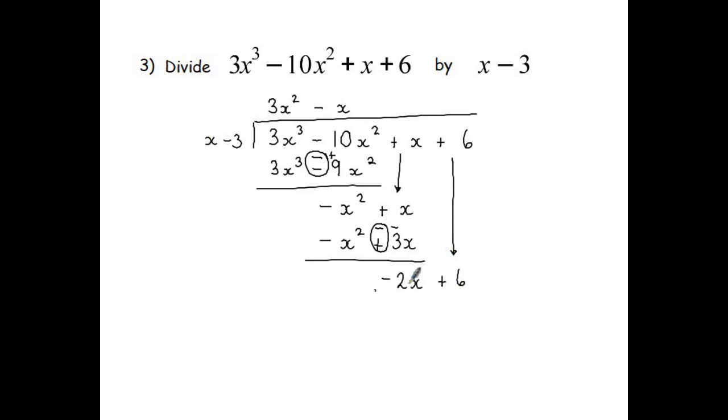So divide into this, so minus 2x divided by x gives you minus 2, times out, so minus 2 times x gives you minus 2x, and minus 2 times minus 3, the minus and a minus makes a plus, 2 3s are 6. And again, when these are identical, you know it's going to subtract to make 0. So your answer for this one is 3x squared minus x minus 2.